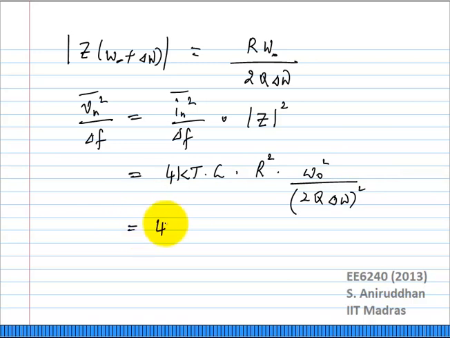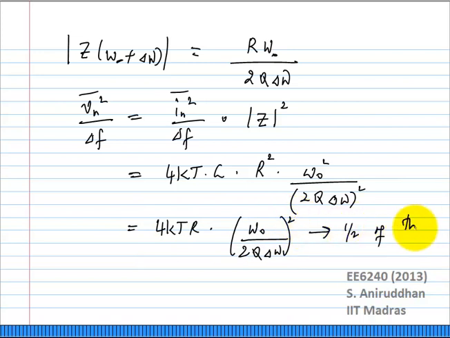This is 4kTR times omega naught by 2Q delta omega the whole squared. Now of course half of this should appear as phase noise.